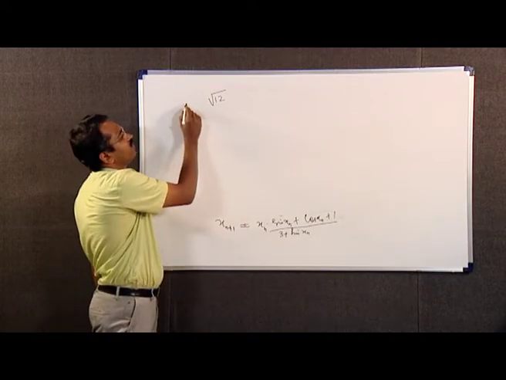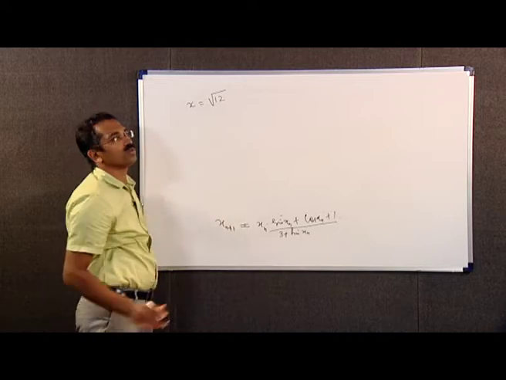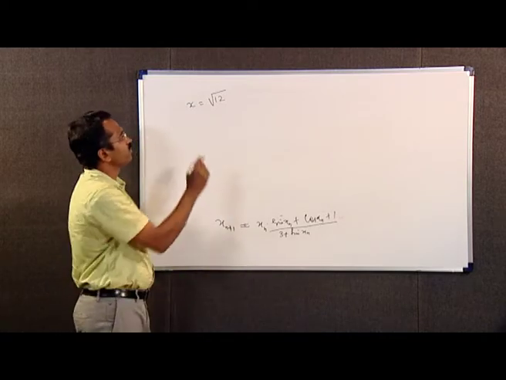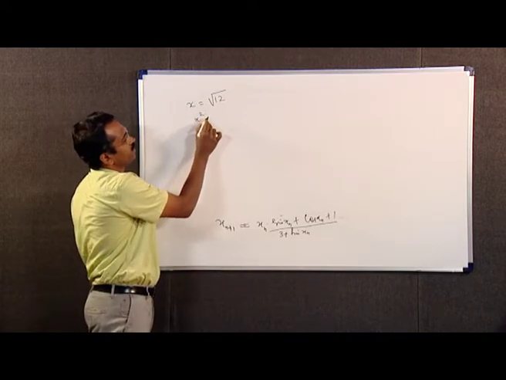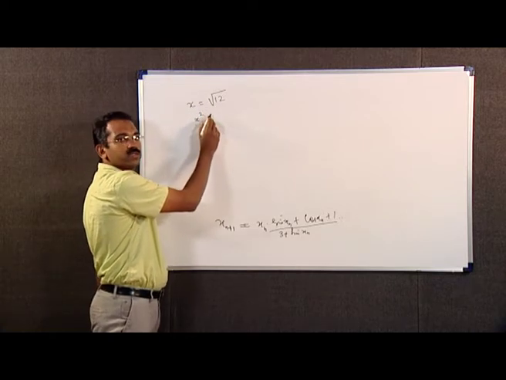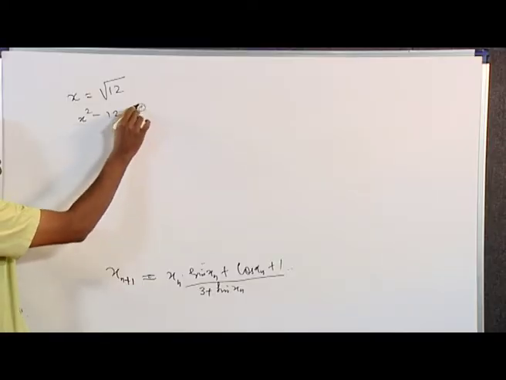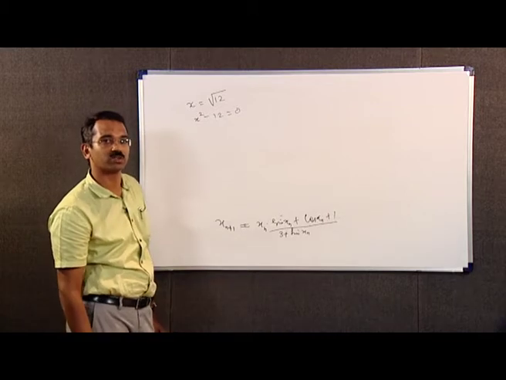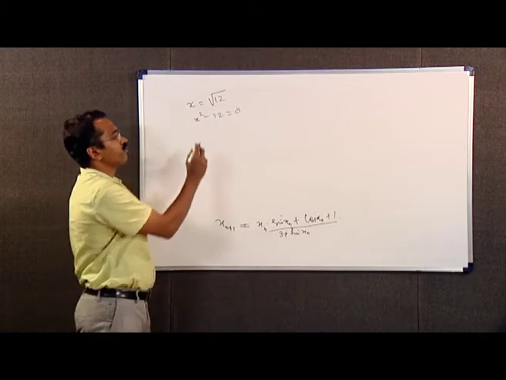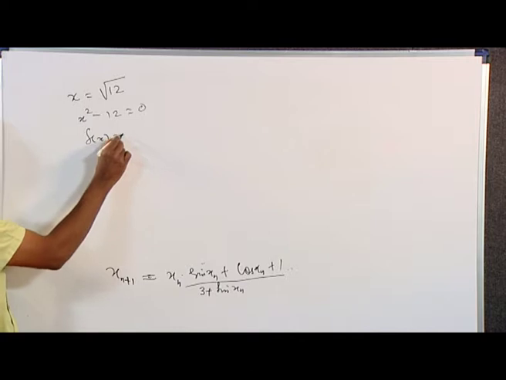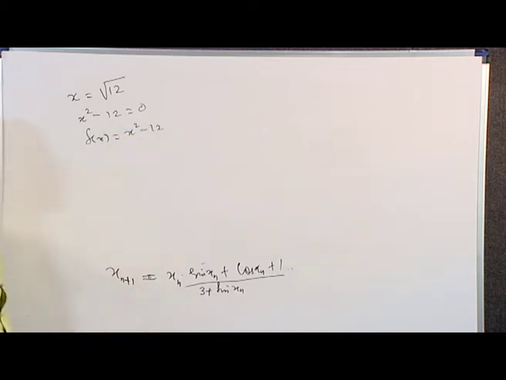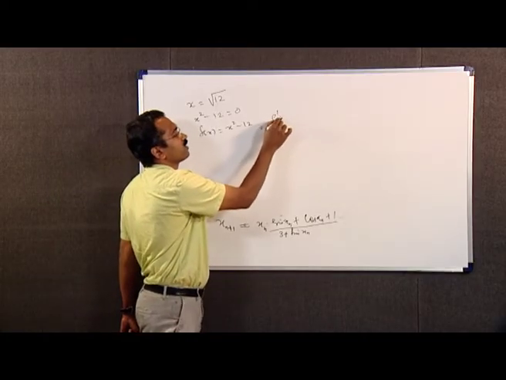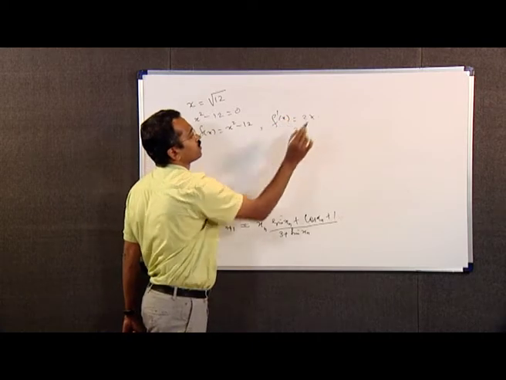We take x equal to square root of 12, then on squaring we get x square equal to 12, which implies x square minus 12 equal to 0, which is of the form f of x equal to 0, where f of x is equal to x square minus 12 and f dash of x is equal to 2x.